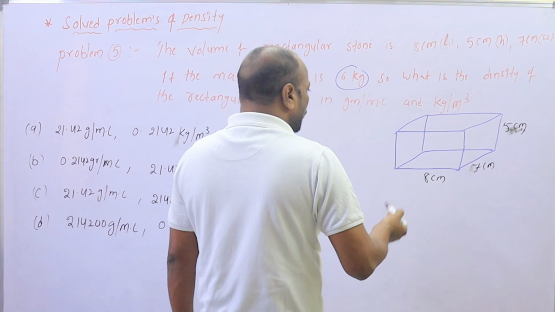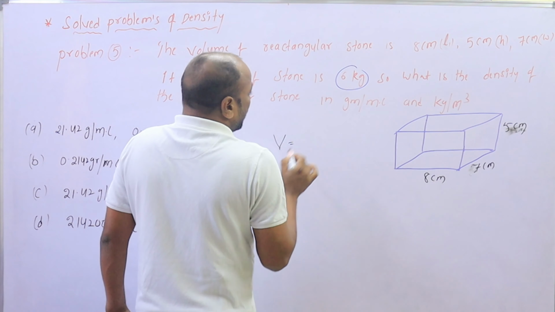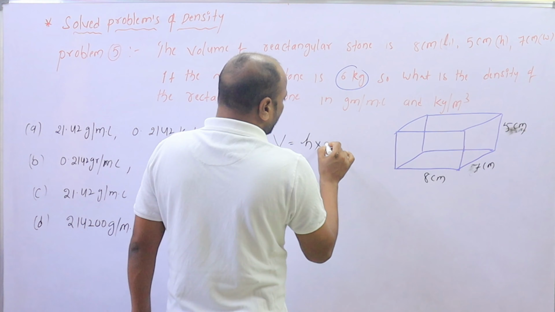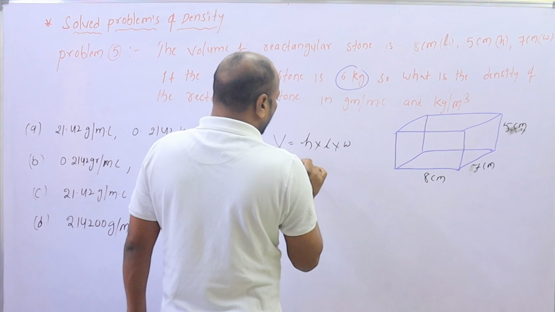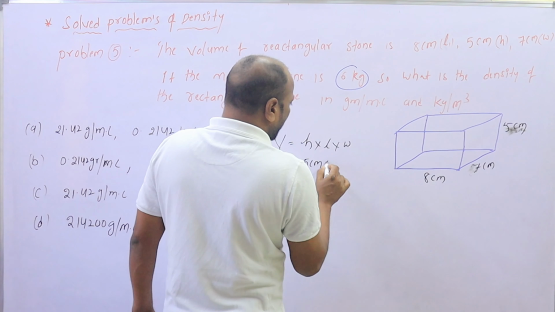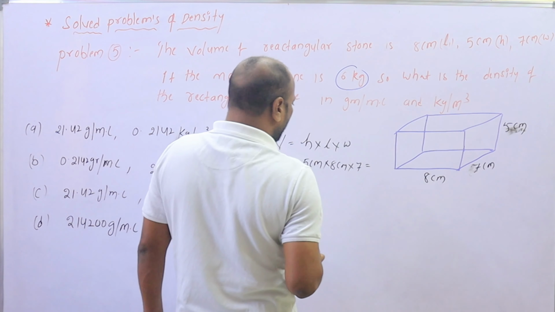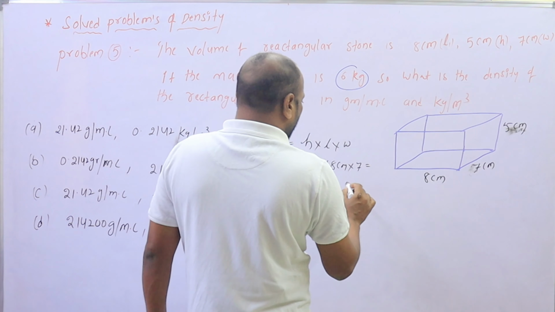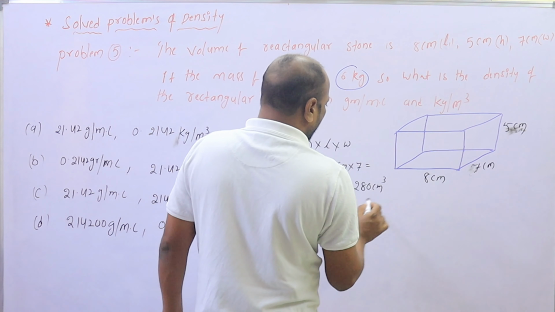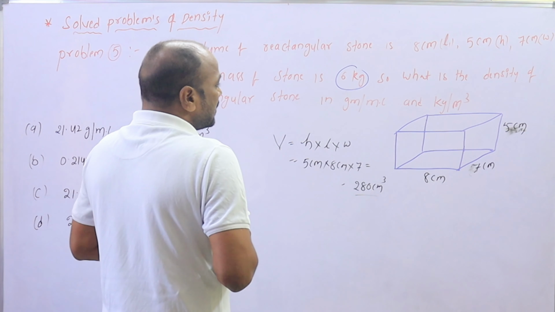So calculate the volume of the rectangular stone: height into length into width. So height is 5 centimeters and length is 8 centimeters and width is 7 centimeters, which is equal to almost 280 centimeter cube.